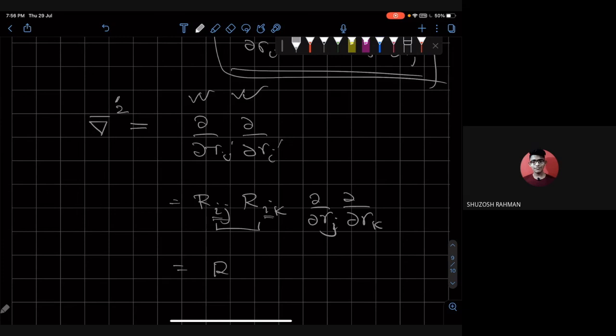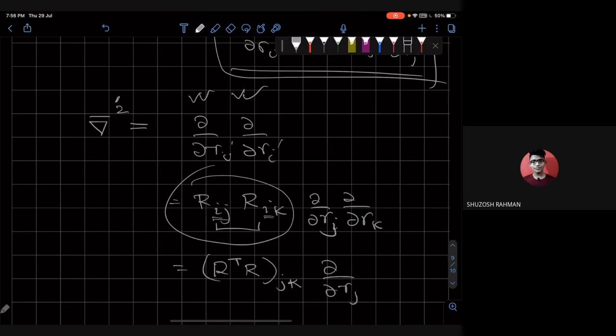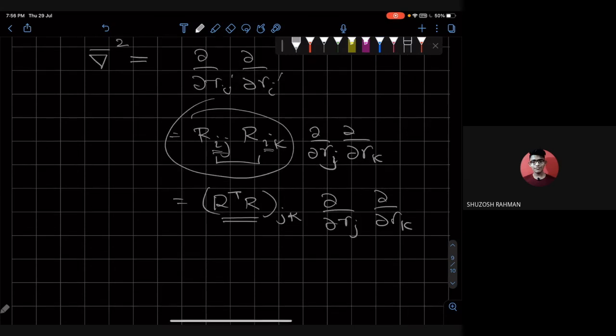In matrix language this is R transpose R, taking the jk component, then del r_j del r_k. But since R is an orthogonal matrix, this is nothing but the identity matrix, and we're taking the jk component of the identity matrix, with a sum over both j and k.